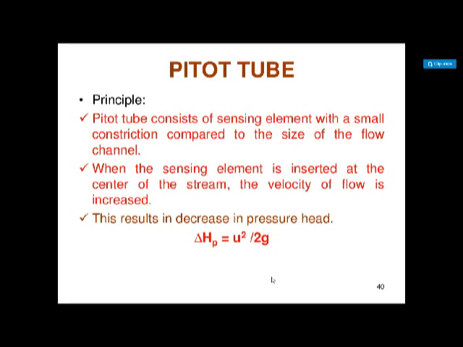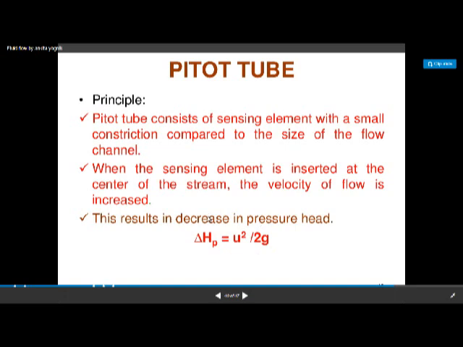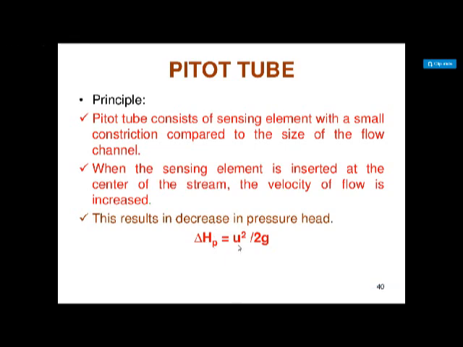And this pressure head is measured by a manometer. The formula for this pressure head is delta HP equals U square by 2G. So by using a manometer, you can measure the pressure head.